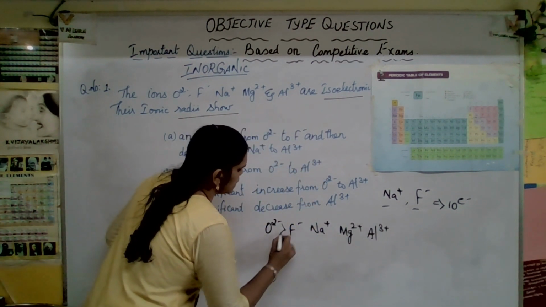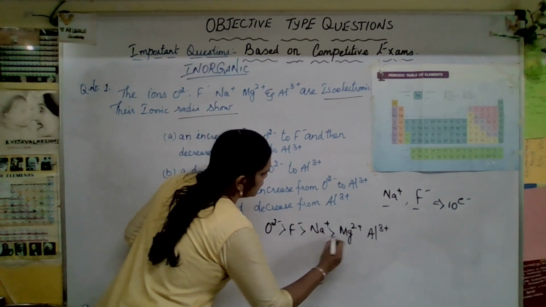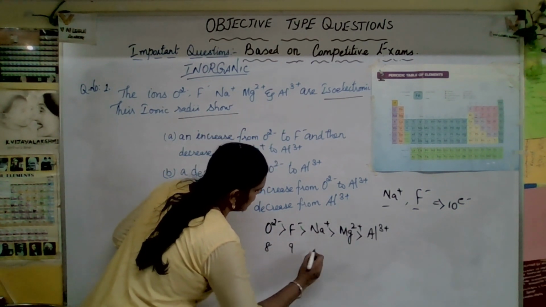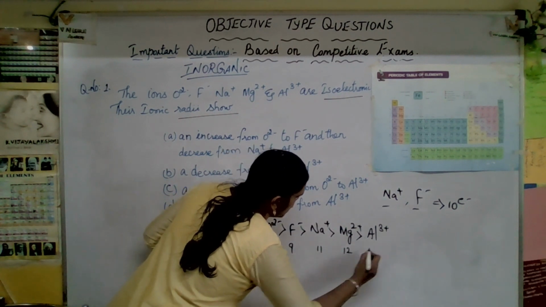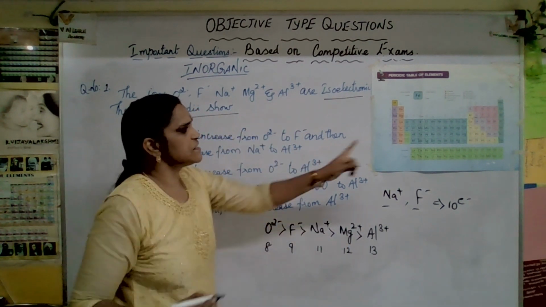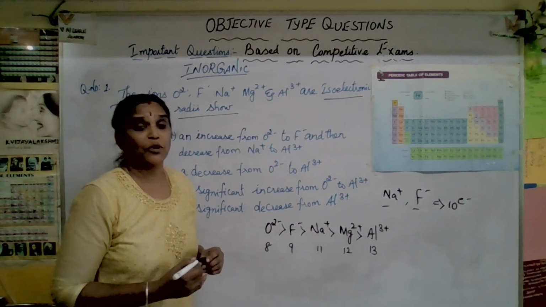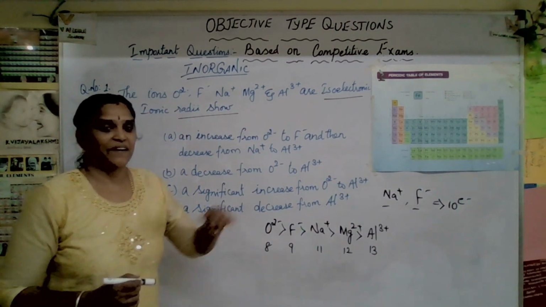The atomic numbers here are 8, 9, 11, 12, 13. 10 is neon, it is there only, but they did not mention it here because its octet is completely filled.